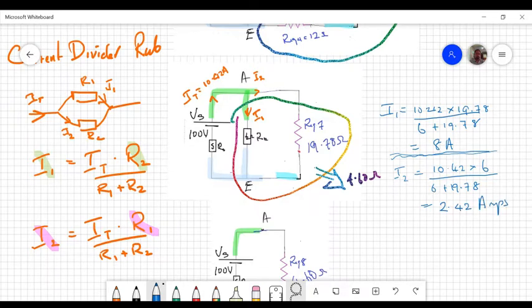Now, on a side note, 8 plus 2.42 is 10.42, which is what we expected, right?